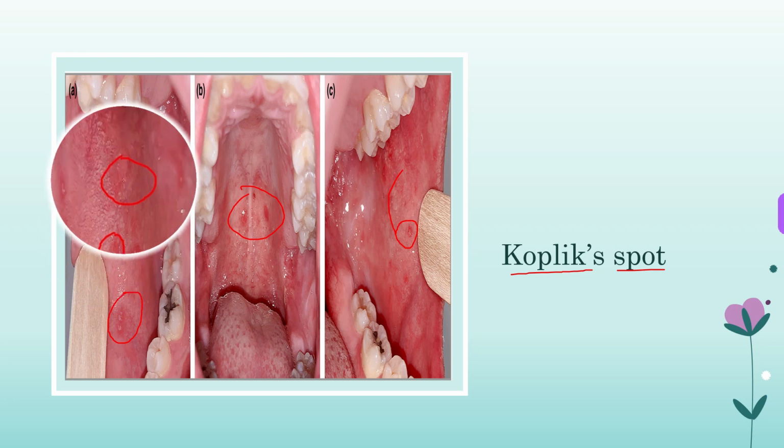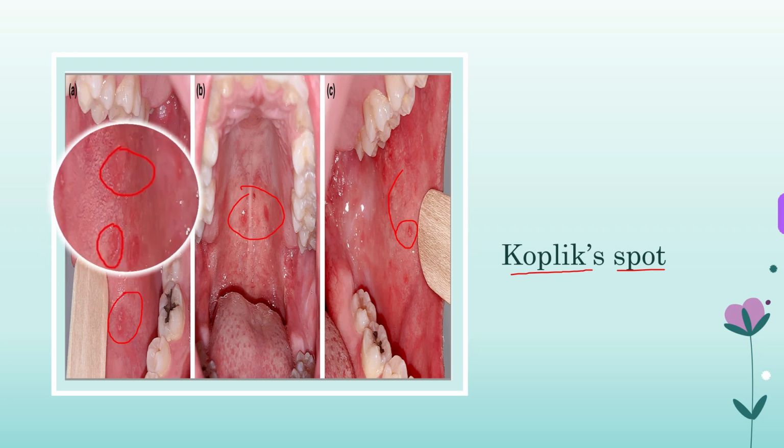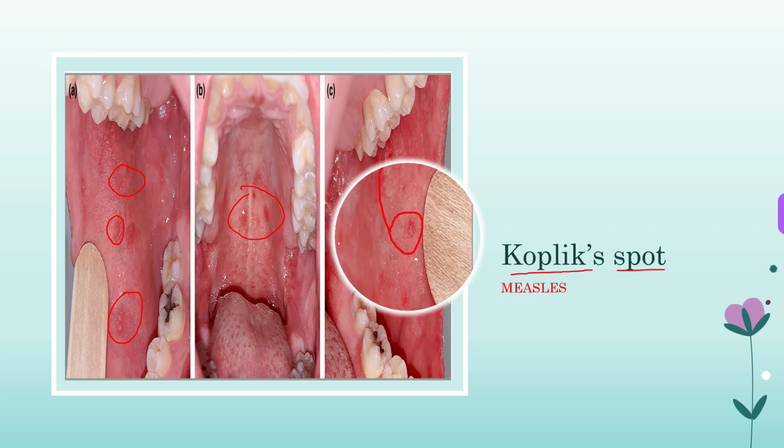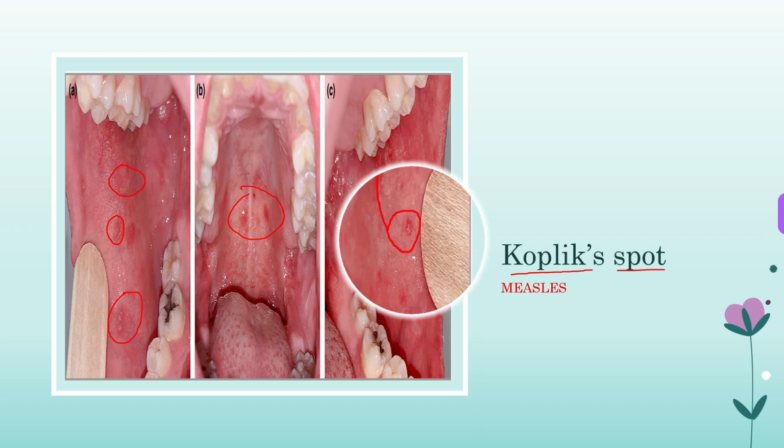So Koplik spots are seen in measles, and they are generally seen during the first 2 days of the symptoms. Alright, so Koplik spots are seen in measles during the first 2 days of the symptoms.